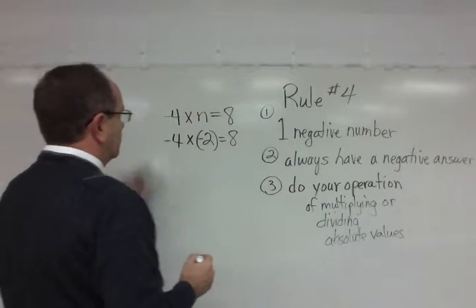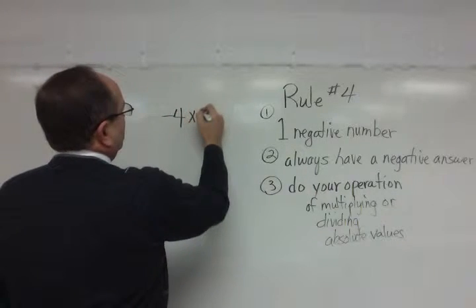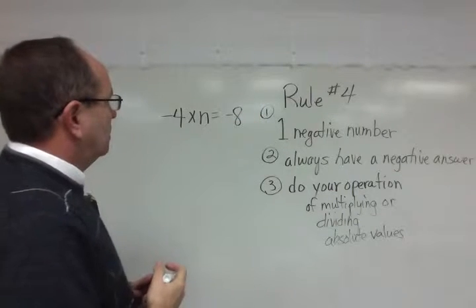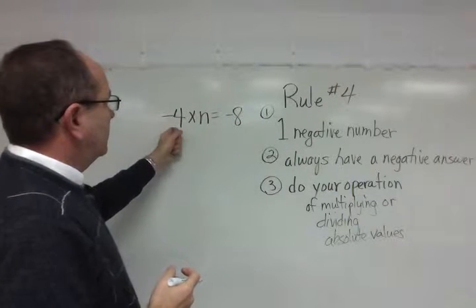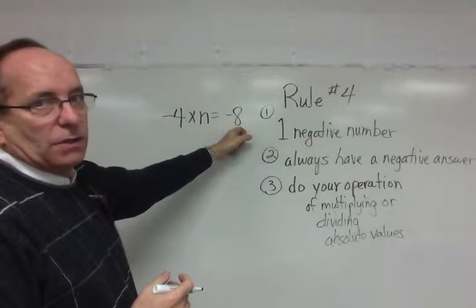But if I did the problem that we had already, -4 times n equals -8, now I have to look at this and go, well, I have one negative number, but I also have another negative number.